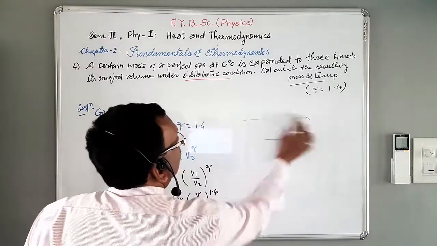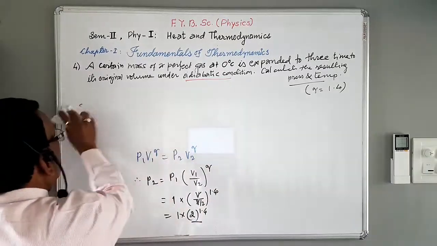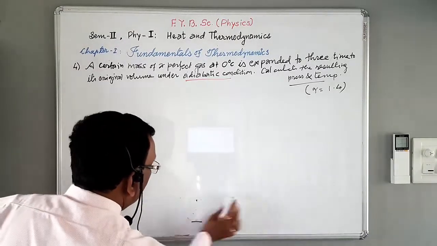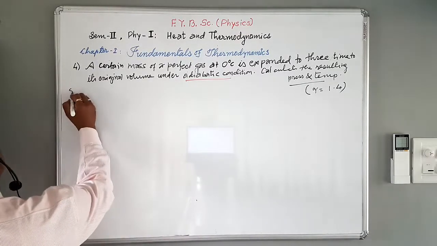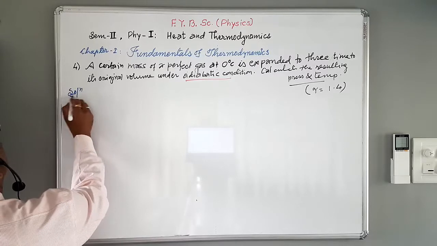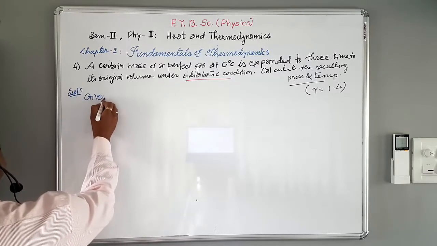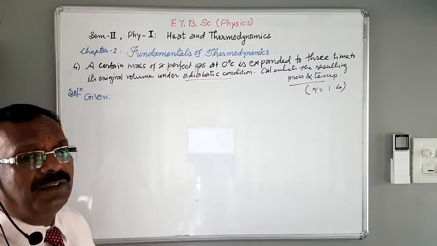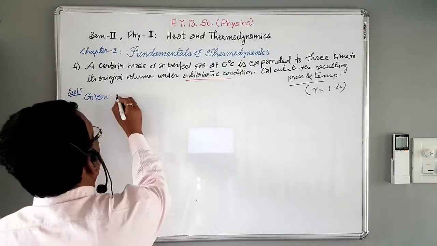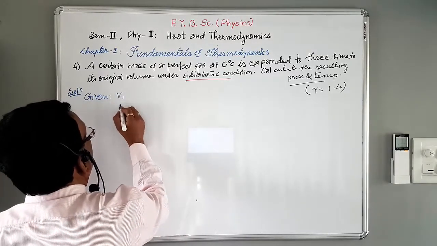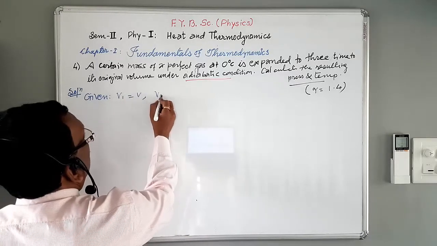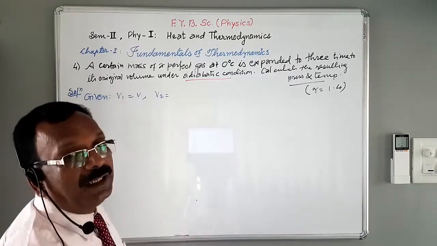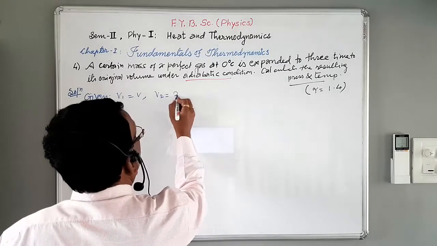So the solution of the problem is very simple. Given: V1 is equal to V and V2 is equal to 3 times, that is 3V.